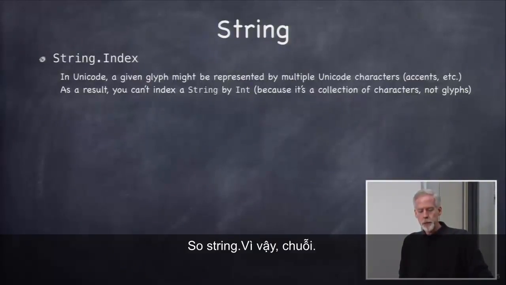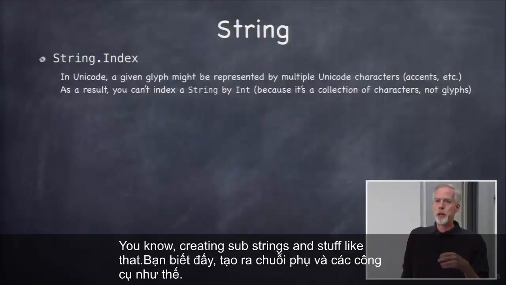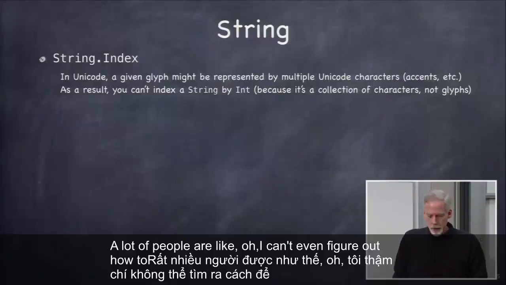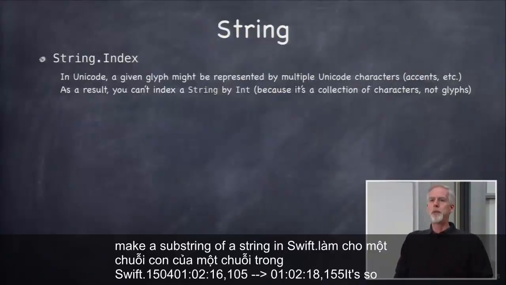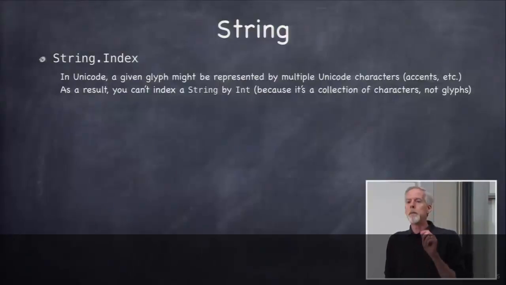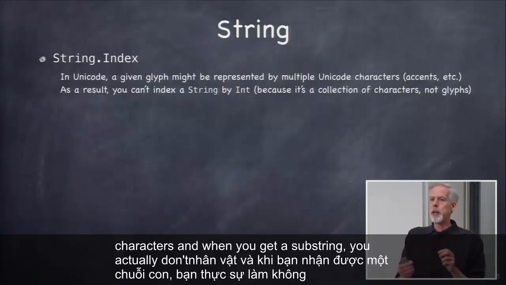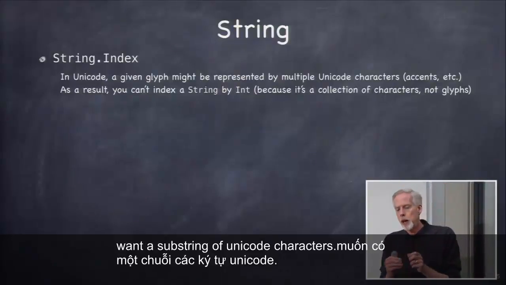But string is complicated when it comes to indexing, creating substrings and stuff like that. A lot of people are like, oh, I can't even figure out how to make a substring of a string in Swift. It's so complicated. But once you understand that strings are made of Unicode characters, and when you get a substring, you don't want a substring of Unicode characters.